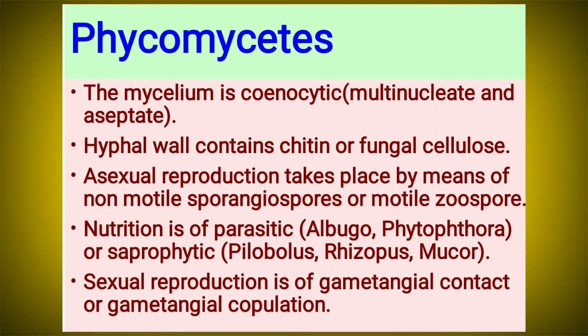Here the male gamete and the female gamete get fused within the gametangia, and such fusion is called gametangial contact or gametangial copulation, which results in the formation of the diploid zygospore from the haploid gametic cells.